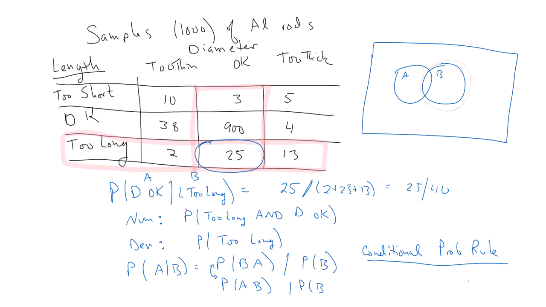If this is S, this is going to be S naught, our new sample space. And now we're interested in finding the probability of A, given that we're in the new sample space B. So this is that intersection, but we're dividing by this total new sample space area.